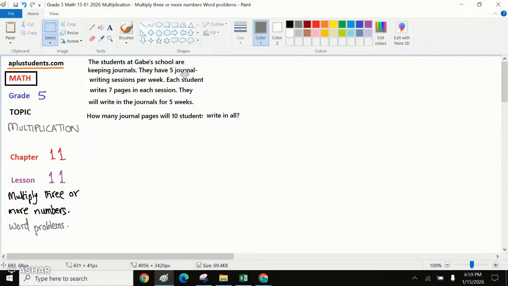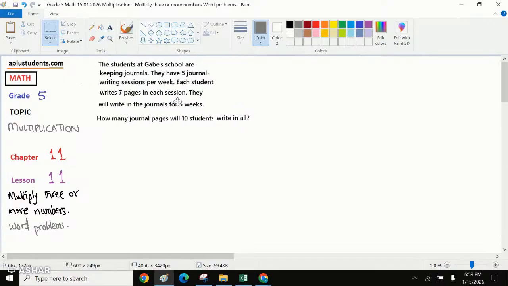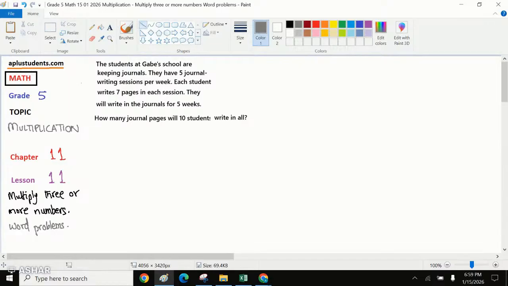Okay, so the question says the students at Gabe's school are keeping journals. They have 5 journal writing sessions per week. So what we need to do is highlight, per week.